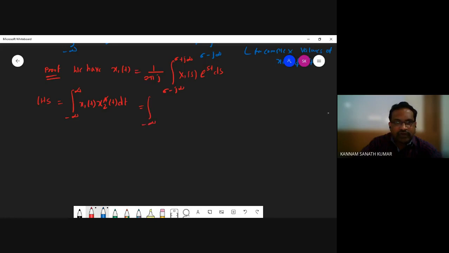So what you are getting: integration minus infinity to infinity, 1 by 2 pi j integration sigma minus j infinity to sigma plus j infinity x1 of s e power st into ds, this is x1 of t, into x2 star of t dt. So we just substituted the value of x1 of t in terms of the inverse Laplace transform.